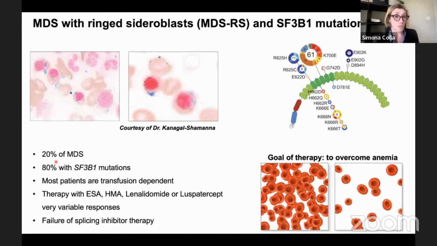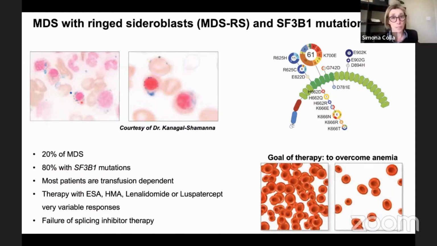The phenotype is ringed sideroblasts, an accumulation of erythroblasts, so precursor cells of red blood cells, in the bone marrow, but these are completely abnormal. Ringed because these rings are just accumulations of iron in the mitochondria.